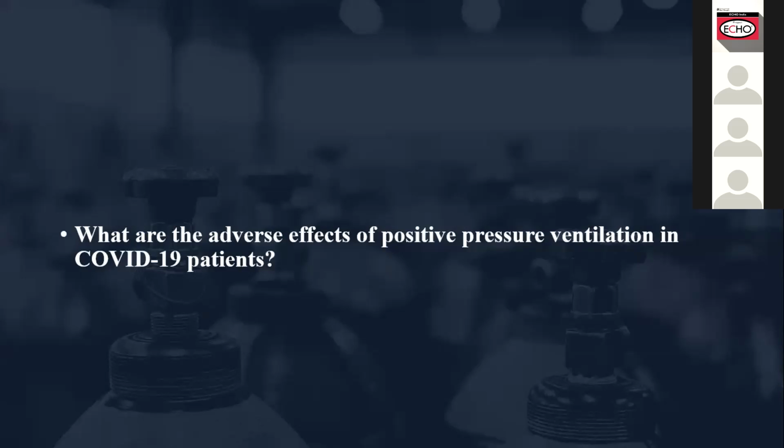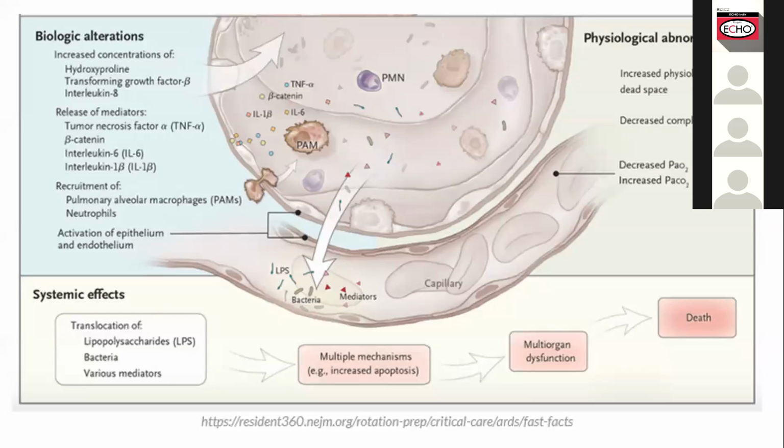So we have seen the structural consequences of constant high positive pressure, but also the barotrauma, the effect of high volume in the lung causing over distension and air leaks. The next slide is going to show us the biological alteration of the normal lung parenchyma.